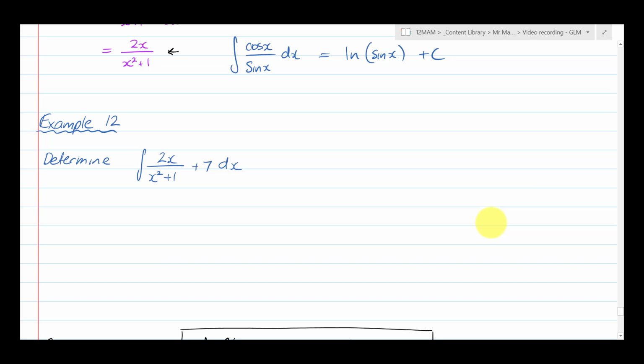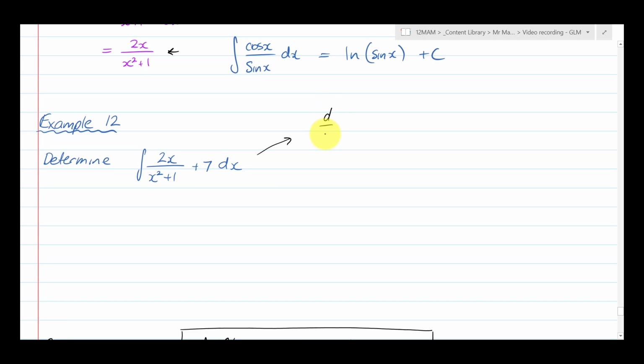Example 12. Determine the integral of 2x over x squared plus 1, plus 7, with respect to x. This is taking the next step, where you aren't given a derivative first. But I hope you can see there's a chance this follows the pattern of the derivative of the function on top and the function on the bottom.